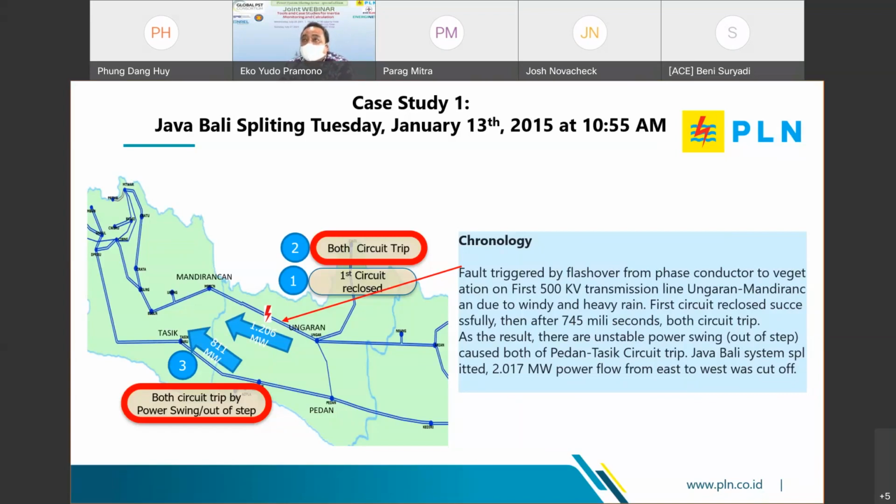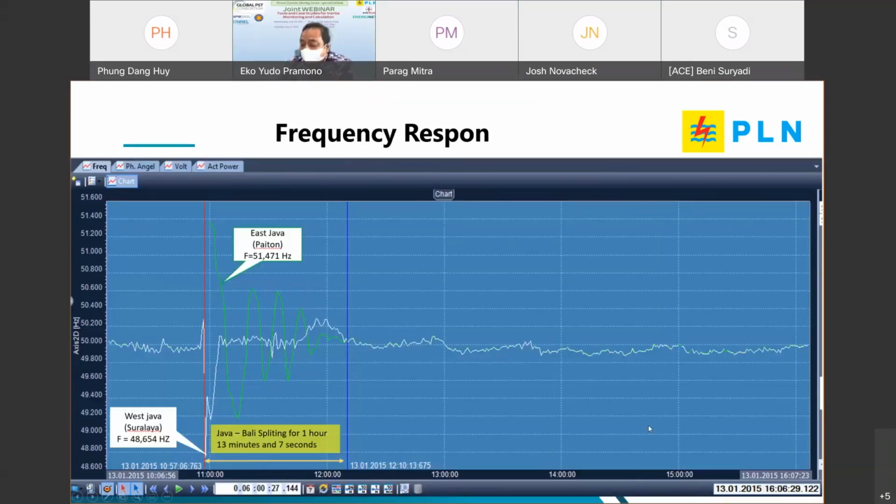How did the system respond? Next. This is the frequency system response. You can see this is the frequency response.